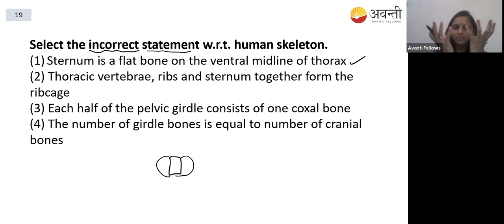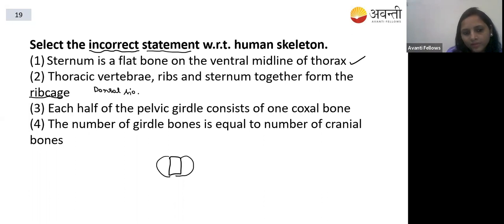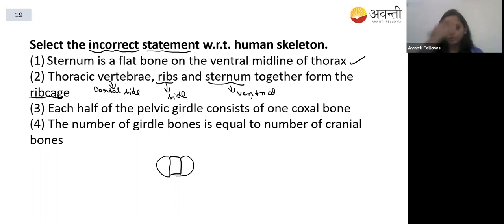Then it forms the rib cage. So our rib cage is made up of the thoracic vertebrae in the dorsal side and the ribs on the side, and the sternum on the ventral side. This is my ventral side, and here you can see the sternum. So that is the reason option 2 is correct.